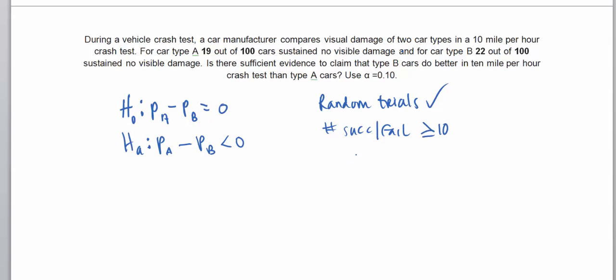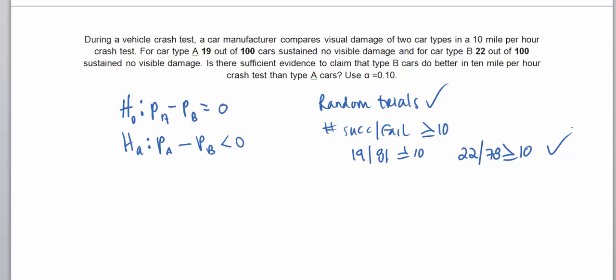For car type A, the successes are 19 and the failures are 81, which are both greater than or equal to 10. For car type B, we have 22 successes and 78 failures, which are both greater than 10. So the sample size conditions are met. This essentially means that the distribution of the difference of proportions is normally distributed, so we can use Z procedures instead of a different type of procedure.